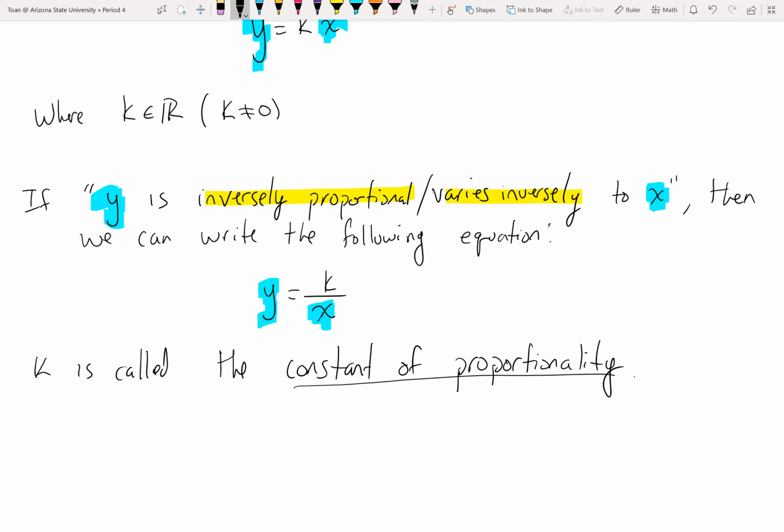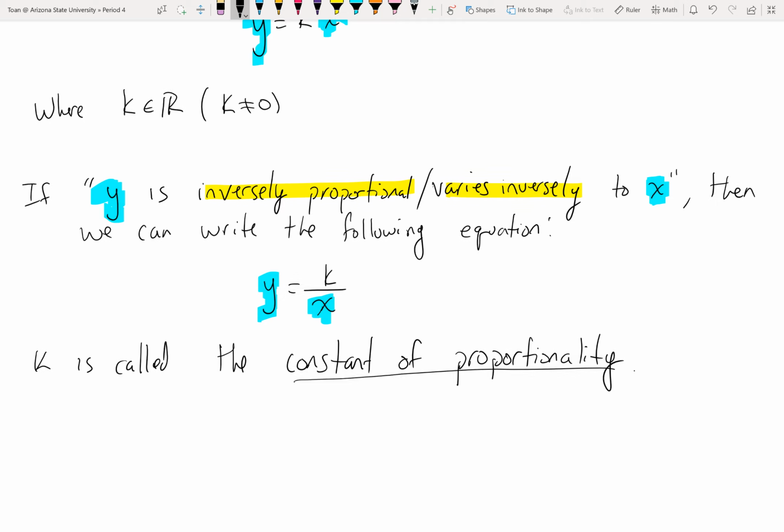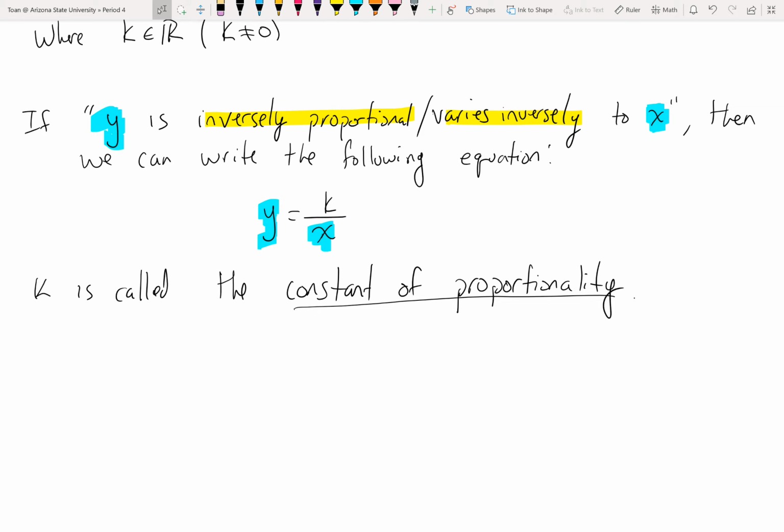Do I hear or read the word direct or inverse, proportions, varies? I suppose you may hear the word joint or jointly somewhere in this, in the context of school, of course. If you read the word jointly when they talk about proportions, it's not a special proportionality.